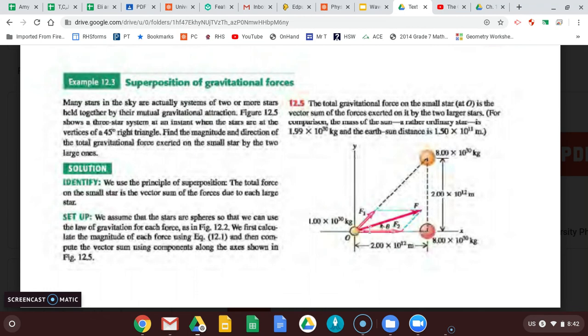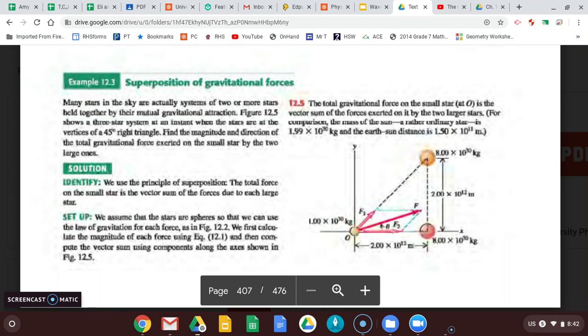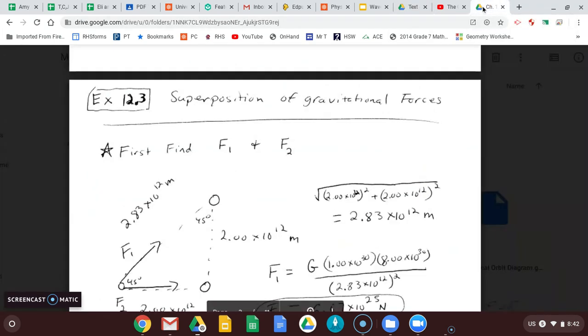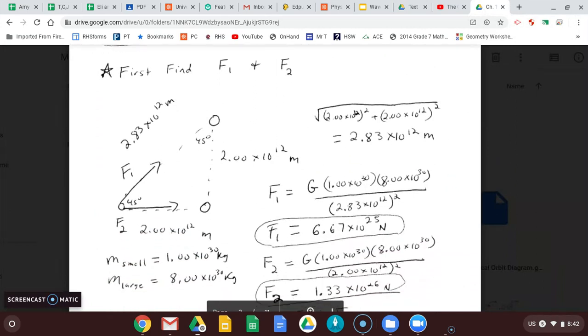Since we're talking about all on the small star, we're going to have to do a resultant. So let's go over to the work, and I have a similar diagram post the work. Since this is a 45-90 triangle, and we knew the given distance here to here and here to here, we could use the Pythagorean theorem to get the hypotenuse distance from here to here.